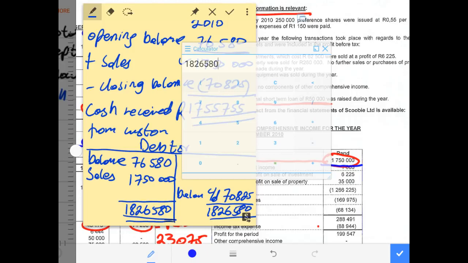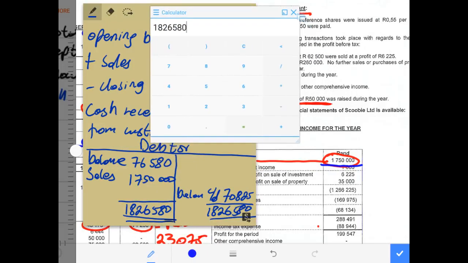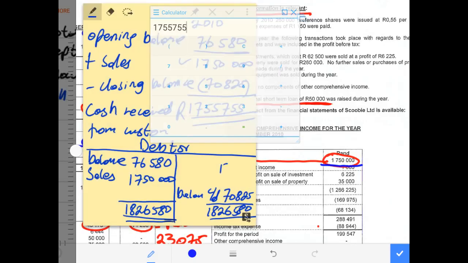That is the total of the bigger side. Then we subtract the balance on the credit side, which is 70,825. That will give us the amount on the credit side as 1,755,755. The contra entry will be bank, because this is money that we received from customers.